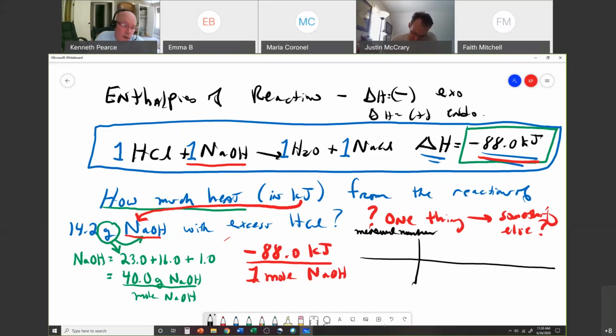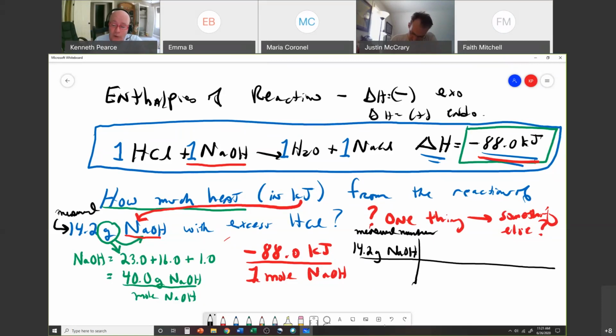What's the measured number? Here is the measured number right here. There it is. It's the 14.2 grams sodium hydroxide. And so our measured number is 14.2 grams sodium hydroxide.